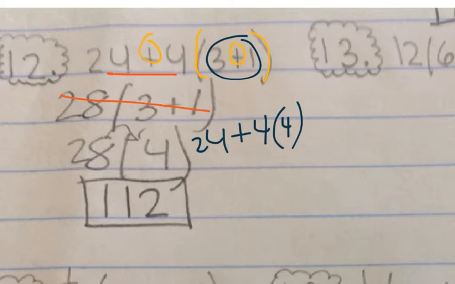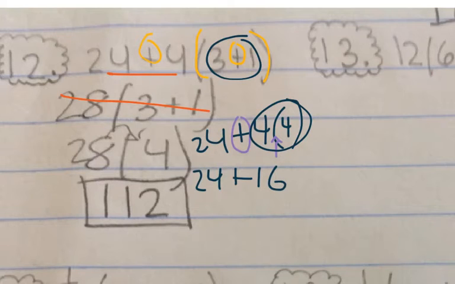Now let's see what we have left. Notice I have a plus left, and hopefully we know numbers next to parentheses means multiply. So do I do a plus or multiply next? Well, hopefully you realize I'm going to do a multiply left. So now I have 24 plus 16, because 4 times 4 is 16.